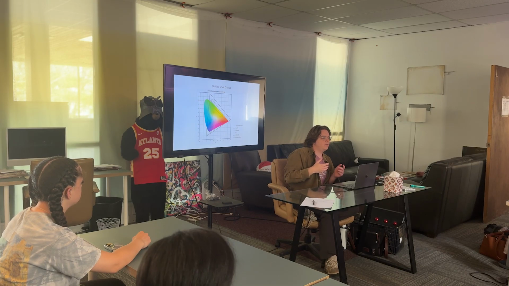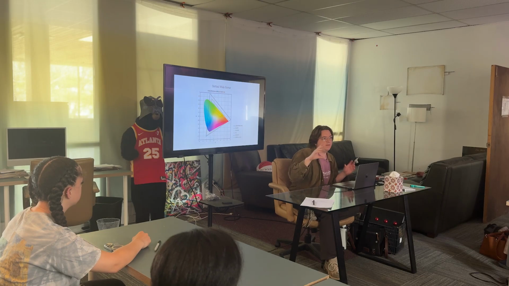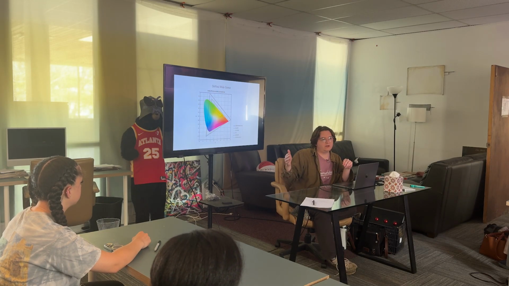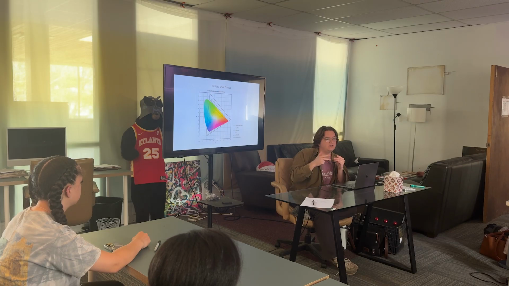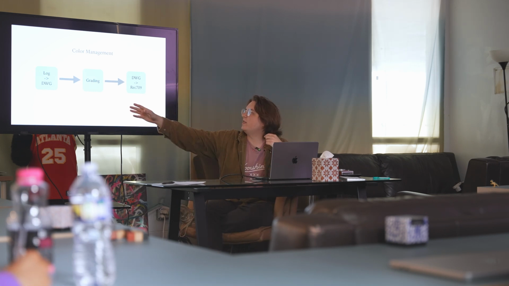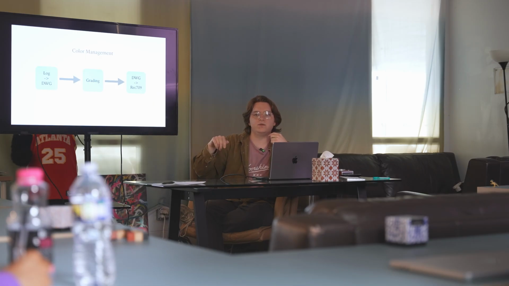And so we're going to take all of our cameras and put them all into DaVinci Wide Gamut, so we have the maximum amount of flexibility, and then at the end we're going to compress that down into our display. Our first node is going to go from our log, so say if it's a Sony, it'll be S-Log3 to DaVinci Wide Gamut. Then we're in DaVinci Wide Gamut, and this is where all of our grading happens. So that contrast node that I added, that saturation node that I added, that'll all be there. And then our very final node will go from DaVinci Wide Gamut to Rec. 709.